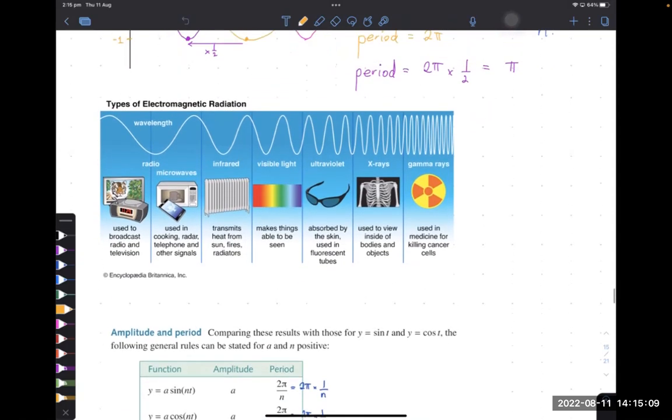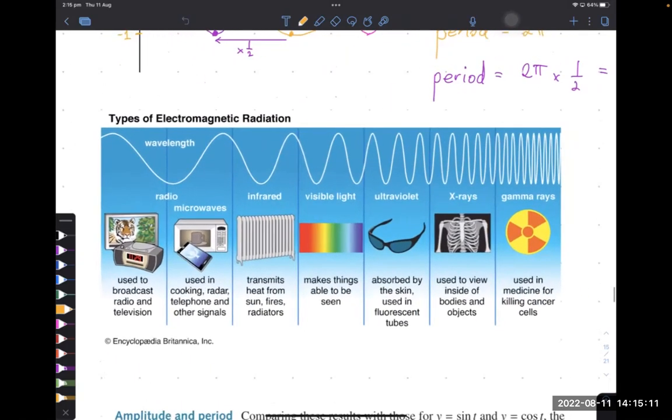Have a look. The electromagnetic spectrum. So that follows sinusoidal or cosine waves.